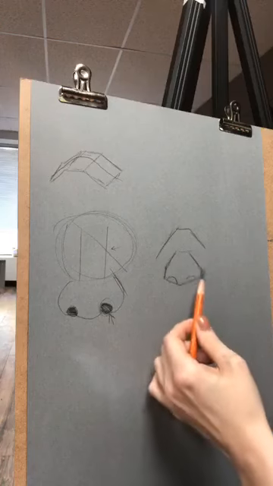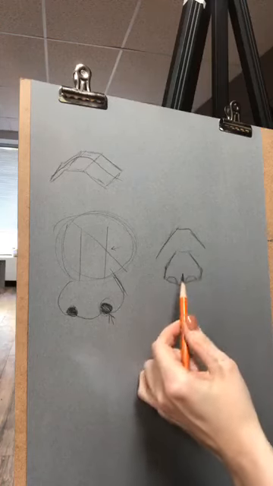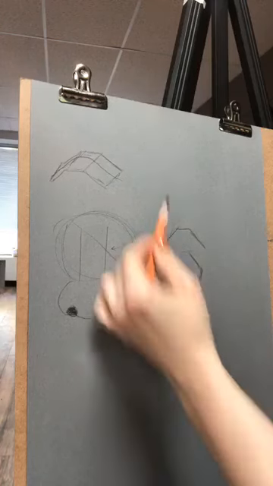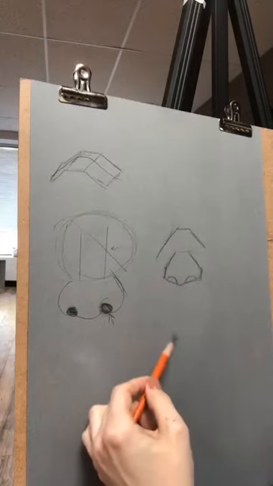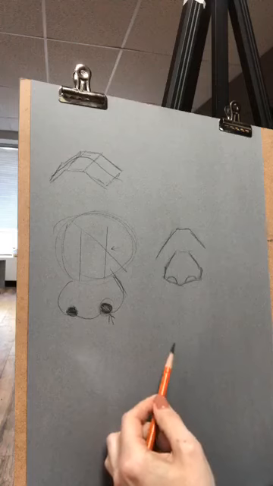But for now, what I want you to think about is the fact that there is cartilage, and I'm going to draw, in addition to this, a sideways view as well.